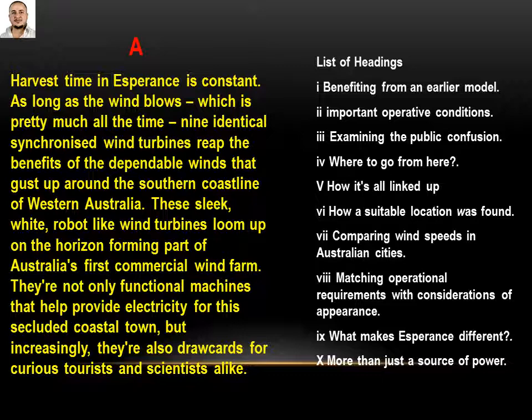As we notice, the first sentence just gives a simple introduction to the main one. Let's see. These sleek, white, robot-like wind turbines loom up on the horizon, forming part of Australia's first commercial wind farm. That means it's not only a source of power.